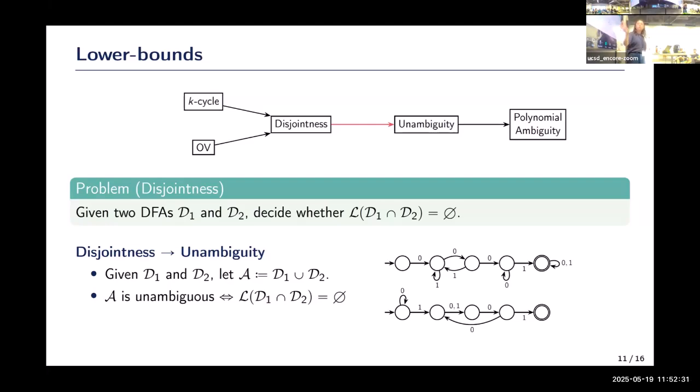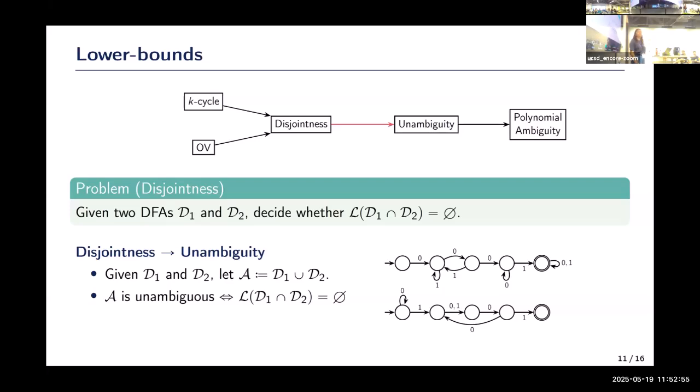Yeah, so the union of the states, union of transitions, etc. And you see that in that union, a word is accepted if and only if it's either accepted in the one DFA or in the second DFA, right? And because these DFAs are deterministic, in particular they're unambiguous, they can provide at most one accepting run. If I have two accepting runs in this union, I have an accepting run in each of them.